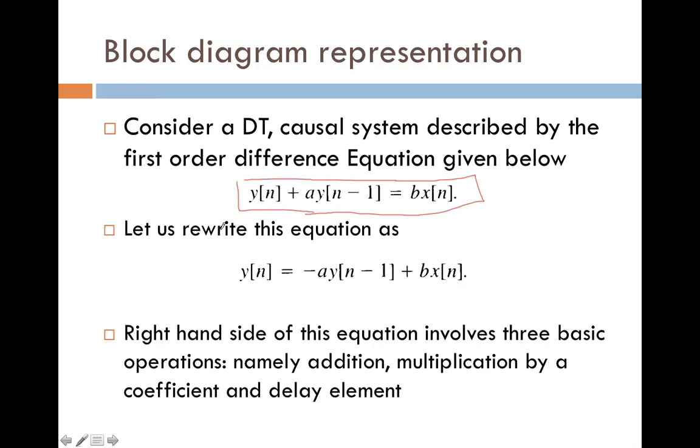Now we rewrite this equation as y of n is equal to minus a into y of n minus 1 plus b into x of n. To draw the block diagram for this equation, we require three important components: adders, multipliers, and delay elements.